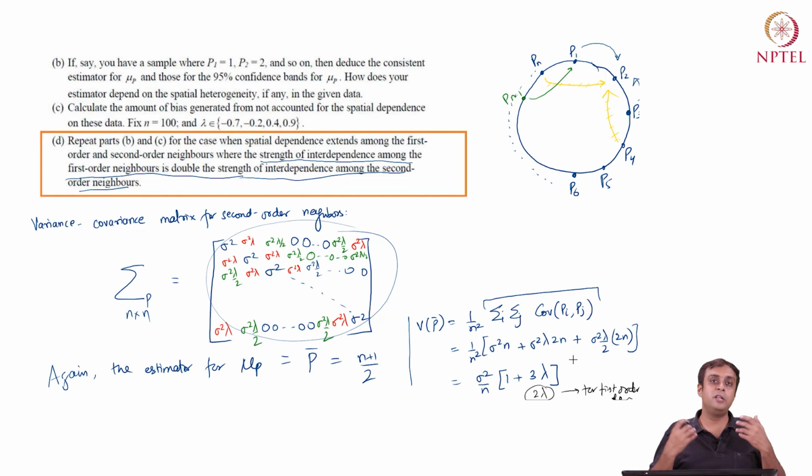So as spatial dependence increases, the bias in the variance of z bar, and consequently in the standard deviation of z bar and in the confidence bounds of z bar, will start to increase. You will be penalized more in terms of the precision of your estimators if you start to ignore this spatial dependent structure.